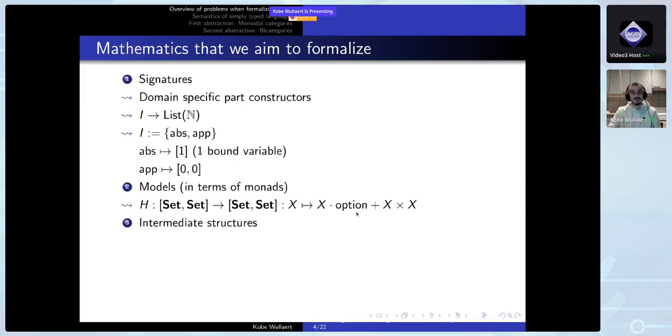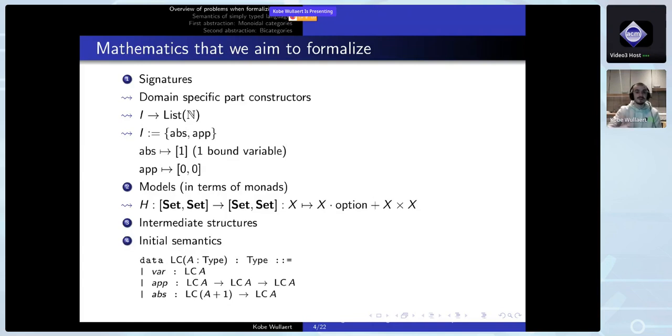Yeah, and then in order to get to these models, we also need some intermediate structure. So this is also something that we have to formalize, and in the end, the end goal is to get some kind of initial semantics. So this is, for example, the inductive data type that you would expect for the untyped lambda calculus.